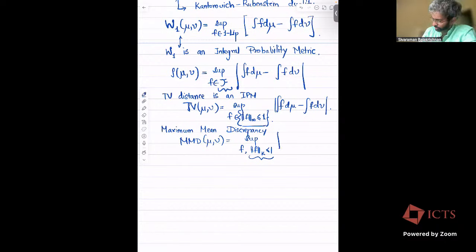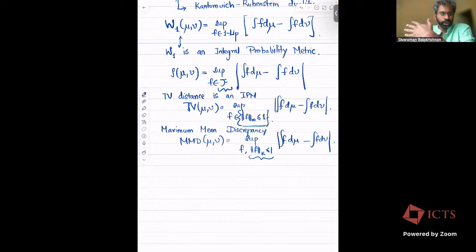And then you say the same thing: the integral of f d mu minus the integral of f d nu. So they all have a similar looking form. The W1 distance takes a supremum over Lipschitz functions. TV takes a supremum over all bounded functions, and MMD takes a supremum over functions with RKHS norm bounded by one.